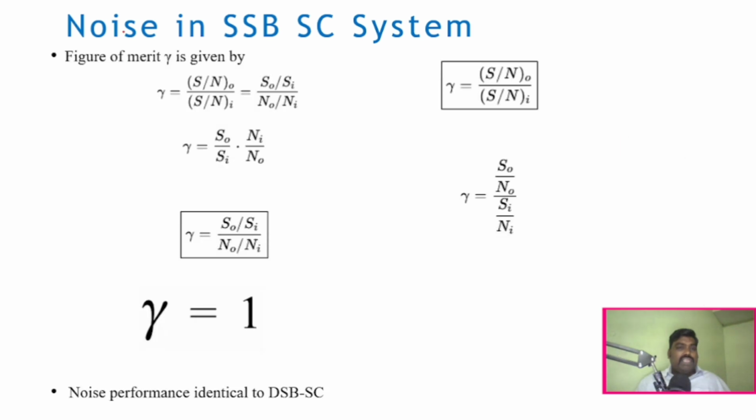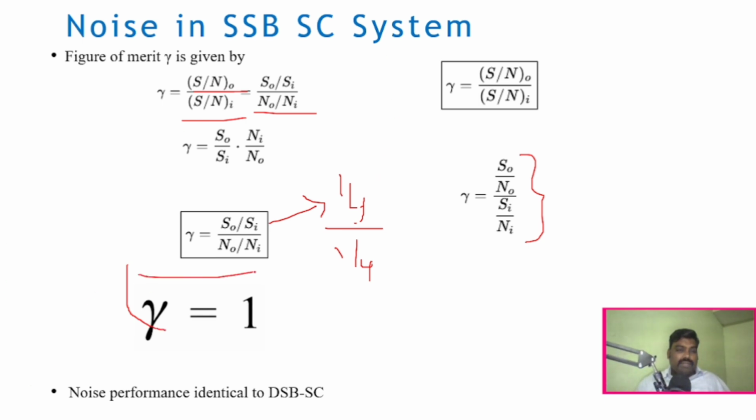The figure of merit is given as SNR output divided by SNR input, which we can rewrite as S0 divided by Si over N0 divided by Ni. Now we know S0 by Si is 1 by 4 and N0 by Ni is 1 by 4, so the figure of merit will be equal to 1.